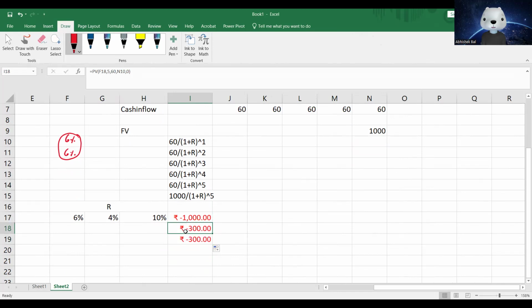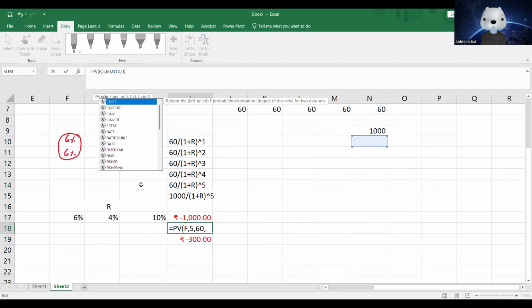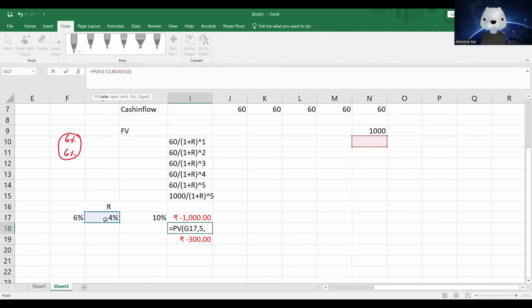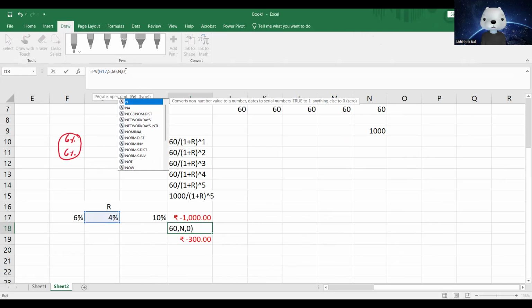Okay. So in this case, what we're going to do, write this as G17, choose this one, and this we're going to lock at N9.